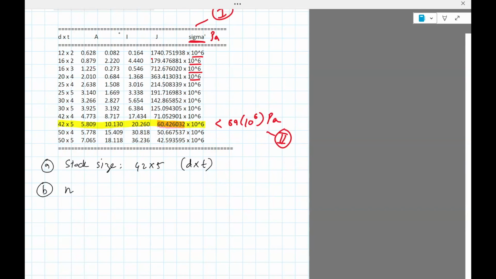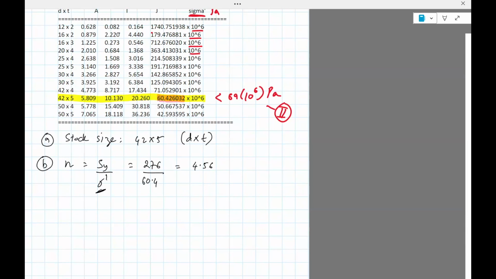The factor of safety is the maximum stress, or yield strength in this case, divided by the von Mises stress. The maximum stress is 276 MPa, and the von Mises stress now is not 69, that was based on design. The actual stress is going to be 60.4, which comes from there. And so this gives me 4.56.